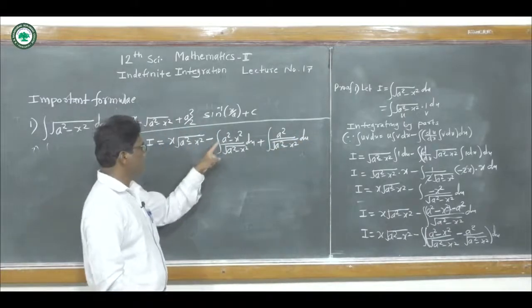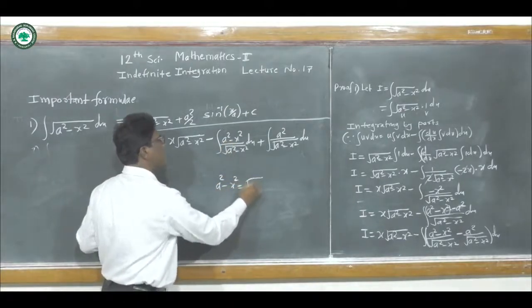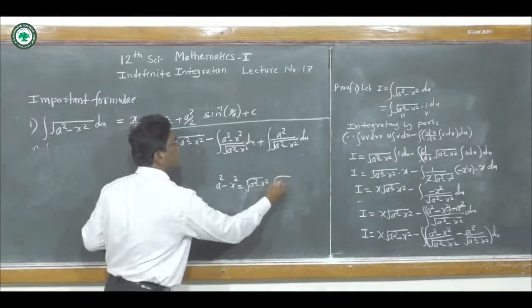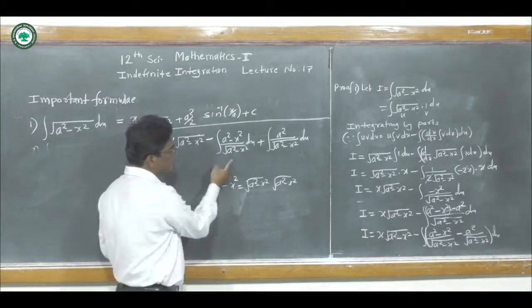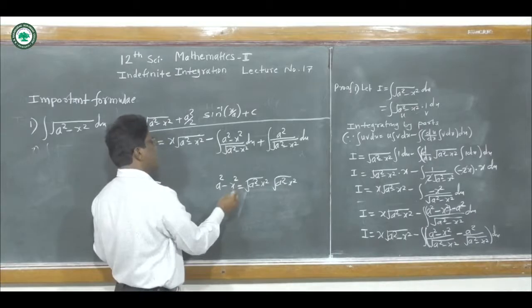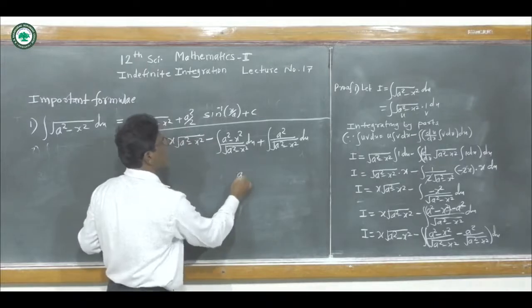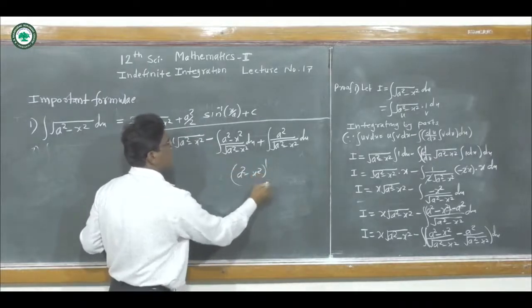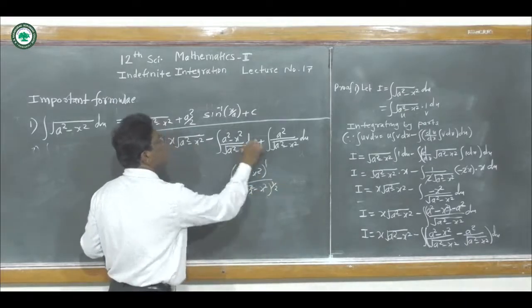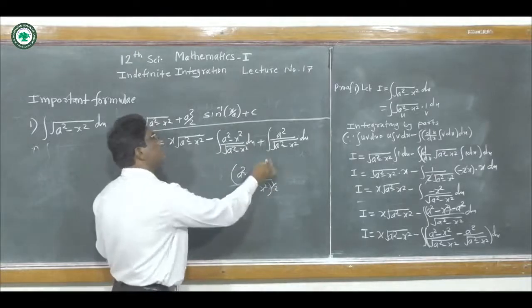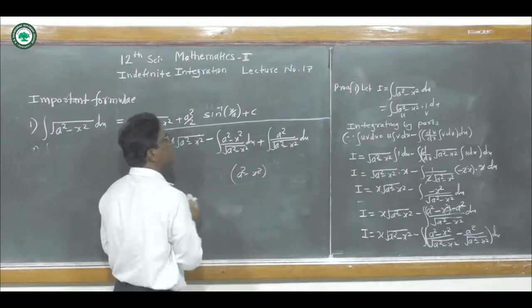And now here this a square minus x square, we write root of a square minus x square into root of a square minus x square. And so we cancel one root, or we may take here a square minus x square, power of this as 1 and divided by a square minus x square, its power is 1 up, root means power is 1 up, and we carry this power to the numerator, that is minus 1 half, and so we get here 1 minus 1 half, that is equal to 1 half.